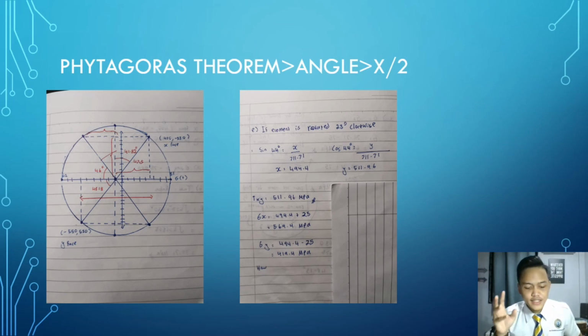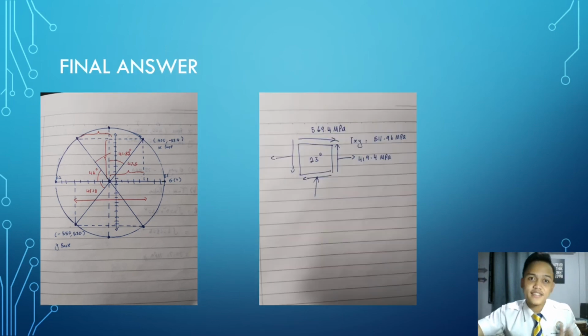For sigma x, we add the x value to the midpoint. And then for sigma y, we subtract 25. So this is the answer that we get.